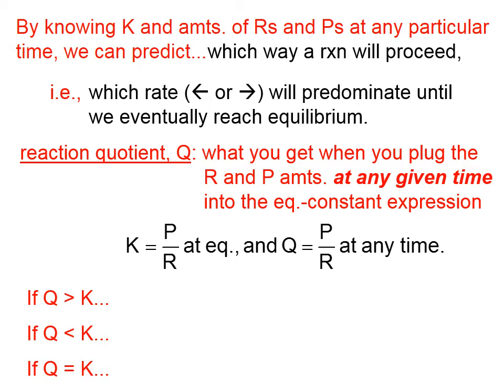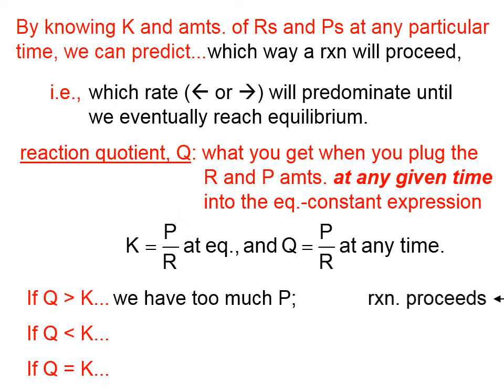Down in the lower left here, if Q is larger than K, let's look at Q. If Q is larger, that means that there are more products in the system than there should be at equilibrium. And if you have too many products, that means that the reaction needs to proceed to the left. In other words, the reverse reaction will predominate.